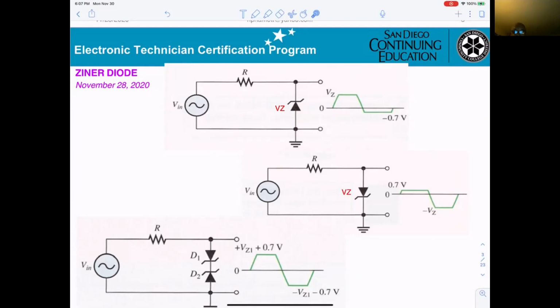When it's switched around the other way, you get the clipping on the top, but it's smaller, and the other one is VZ as opposed to 0.7. Right. If the diode is normally on, then it will be minus 0.7. And then the one below it, it's off or open.